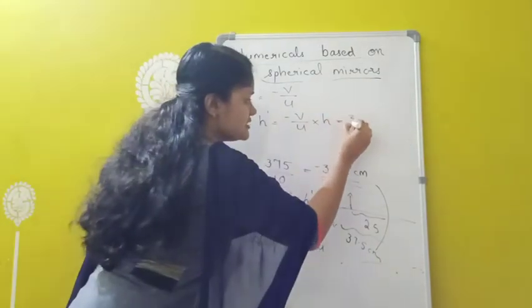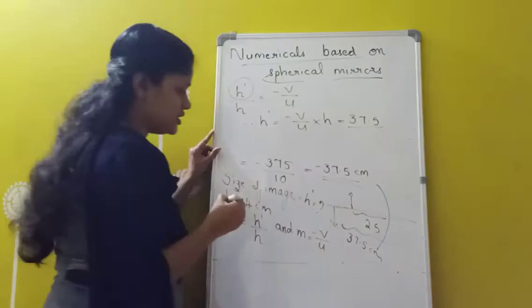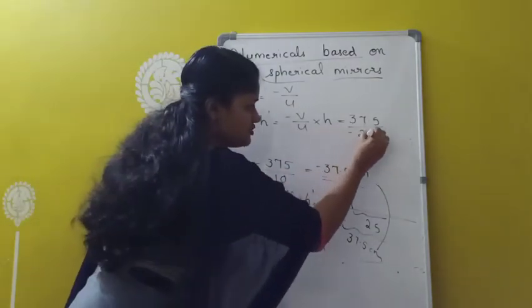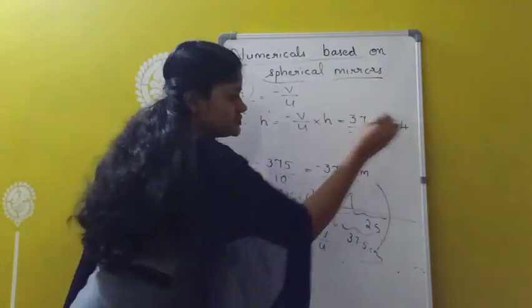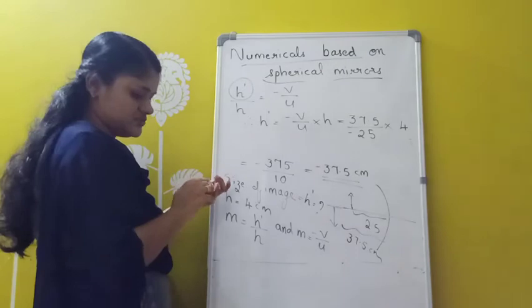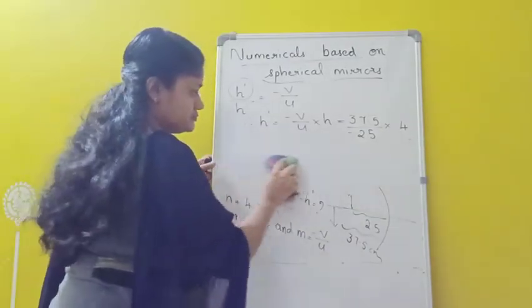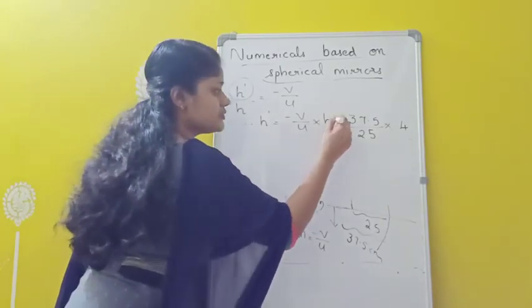So simply 37.5 divided by U. U is how much? U is 25, so minus 25, into H, the height of the object, which is taken as 4. Now we can simplify this. First of all, remove the decimal.